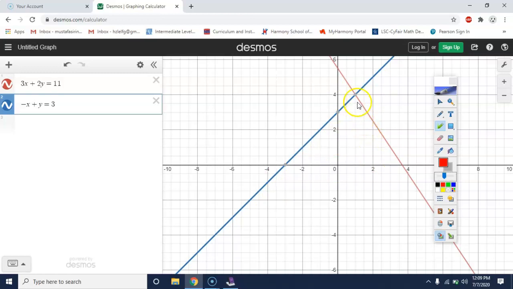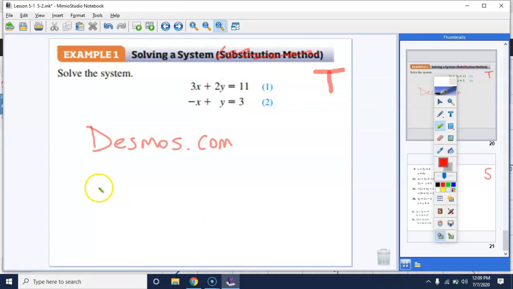As you see, my intersection point is here. If you just go over it, it's going to pop out. As you see, 1 and 4. So the intersection point is 1 and 4, which means x should be equal to 1, y should be equal to 4. So that's my answer.